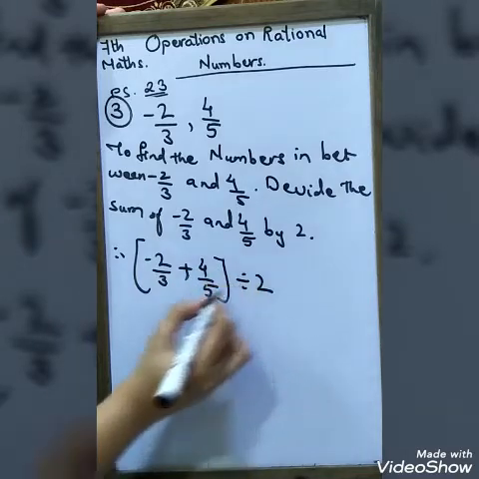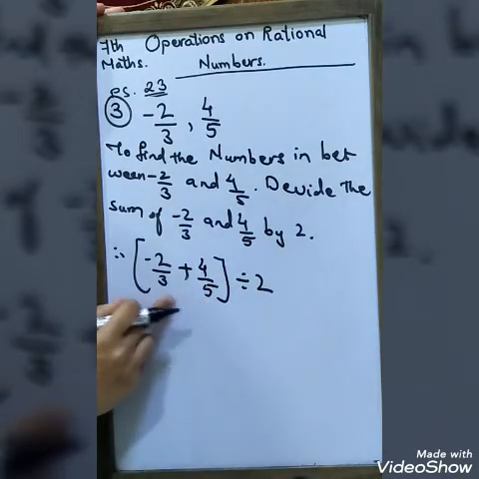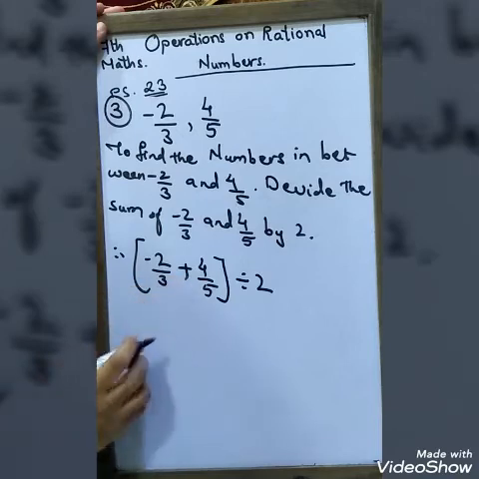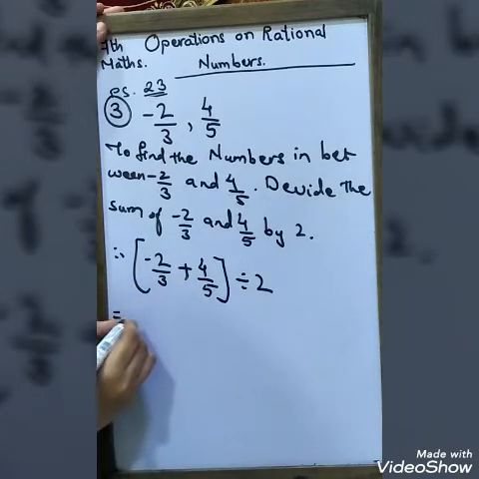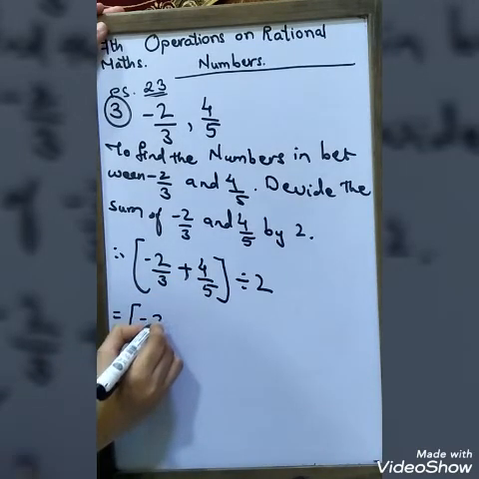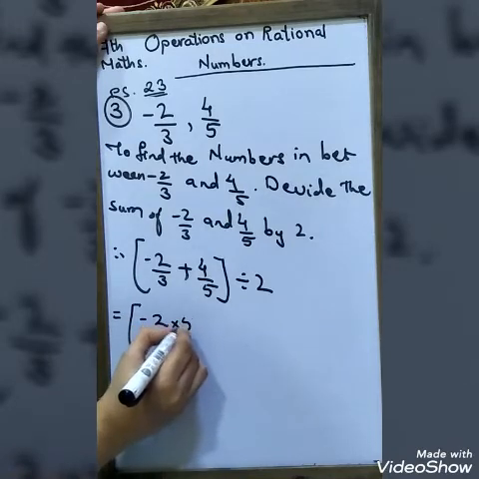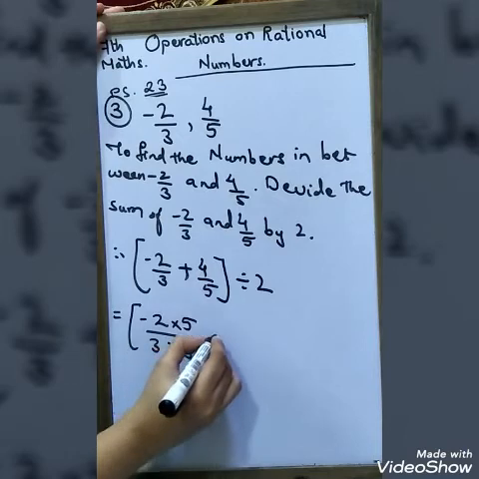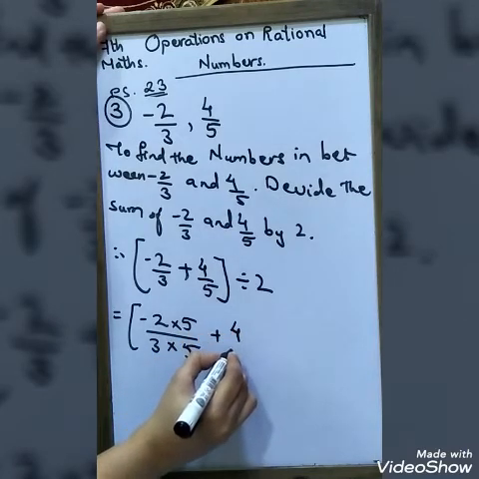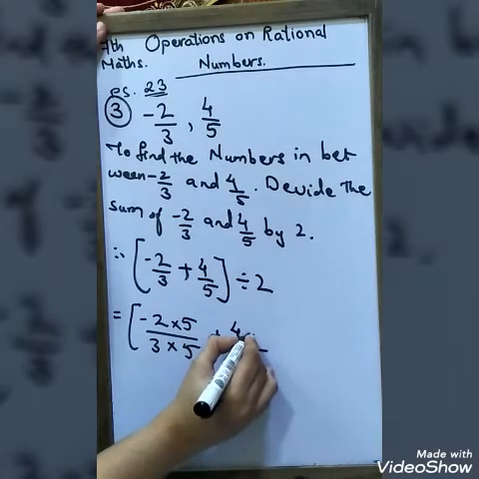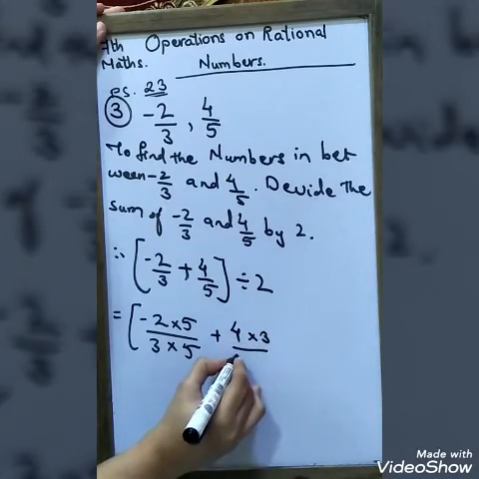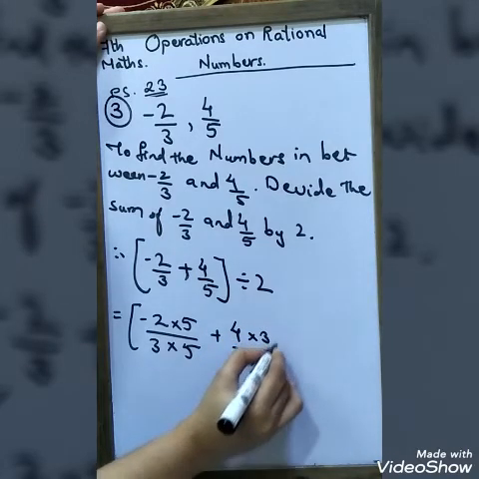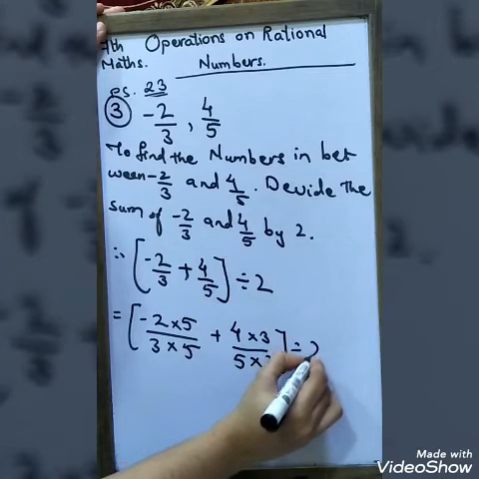divided by 2. तो अब इसमें भी जो है डिनोमिनेटर डिफरेंट है, हमको डिनोमिनेटर एक करना पड़ेगा. तो यहाँ पर माइनस 2 इंटू 5 अपॉन 3 इंटू 5 प्लस 4 इंटू 3 अपॉन 5 इंटू 3 divided by 2.